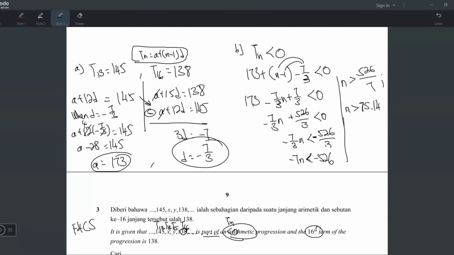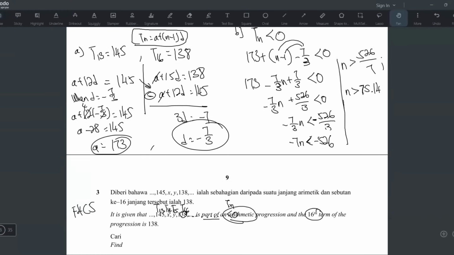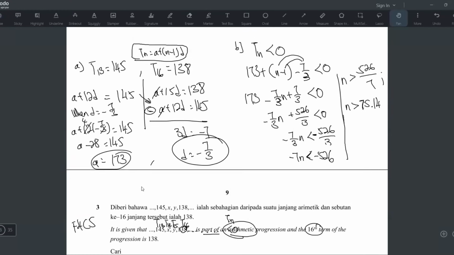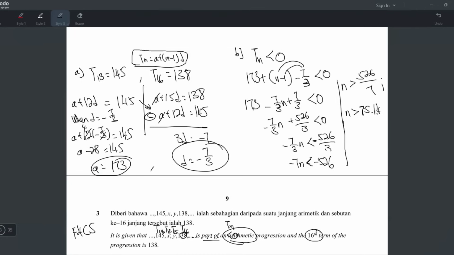But n is the number of terms, you know. The number of terms cannot be negative, cannot be a fraction, cannot be a decimal. So you have to round off basically.